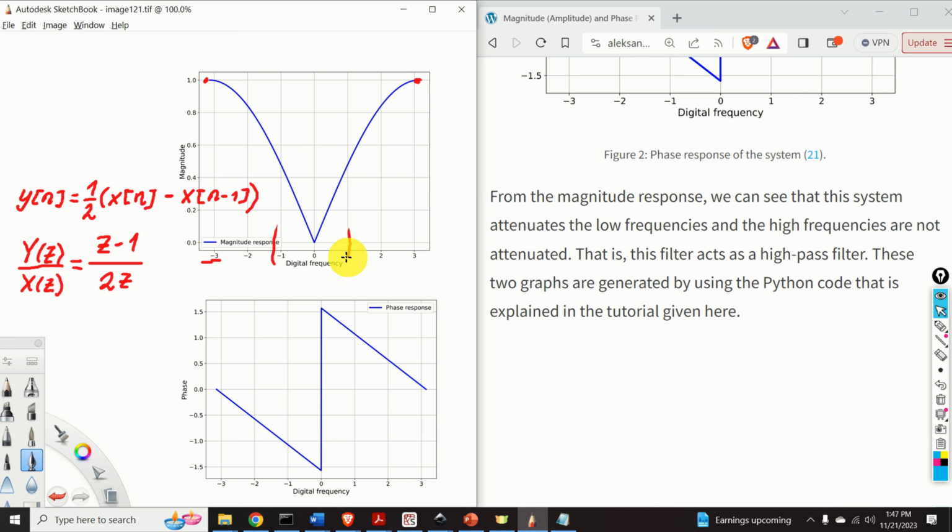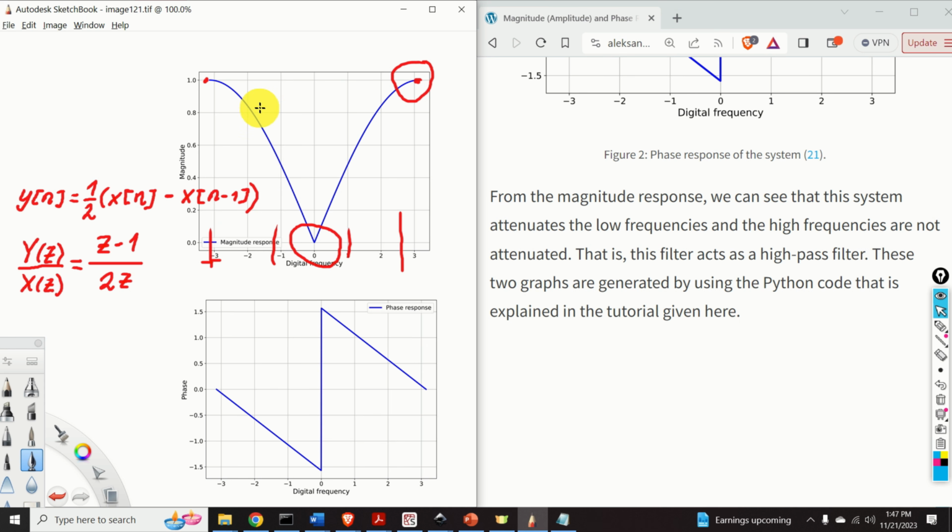This frequency band corresponds to low frequency, and we can see that the magnitude response is very small. This means that slow signals are not being passed through this filter. On the other hand, we can see that the magnitude response assumes larger values at the end. That is for higher frequencies, and consequently the high frequencies will be passed through the filter.